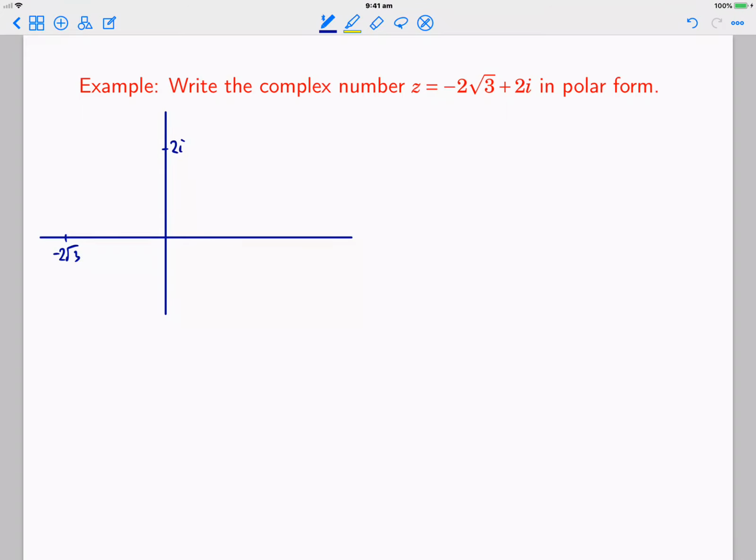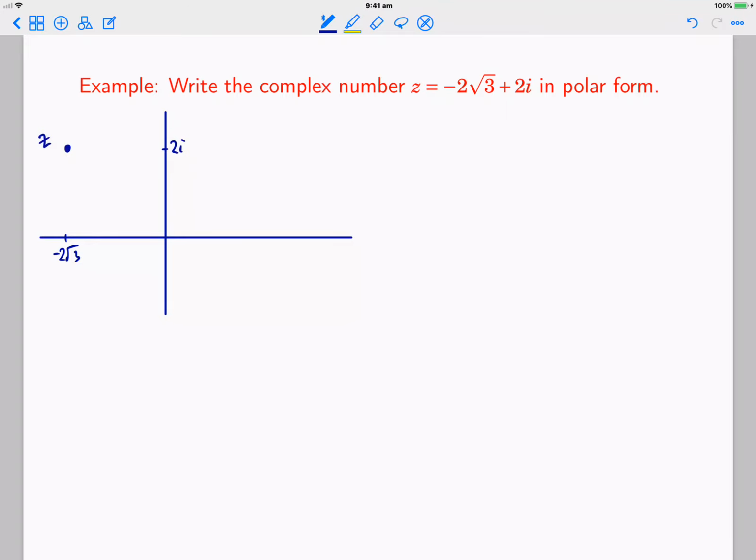So you've got some point here. This point corresponds to z, right? Now I want to figure out the distance of this z from the origin and the angle it makes with the positive real axis.